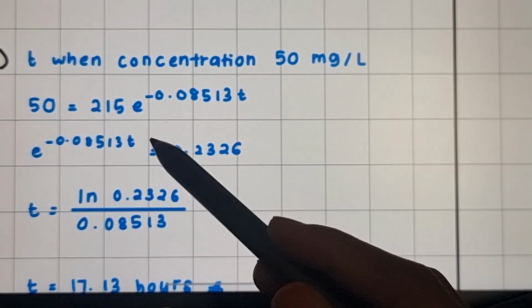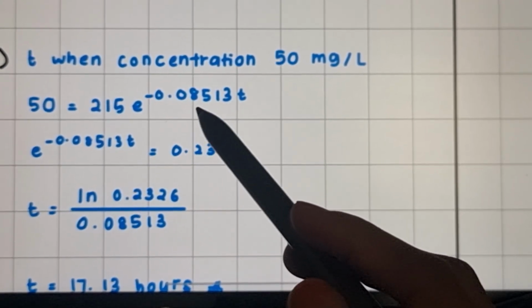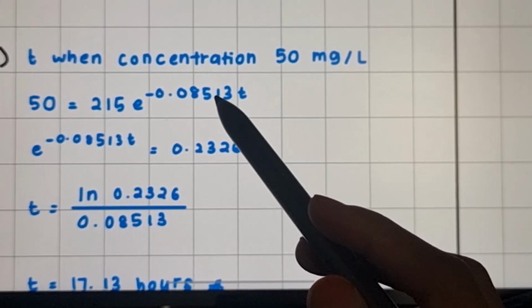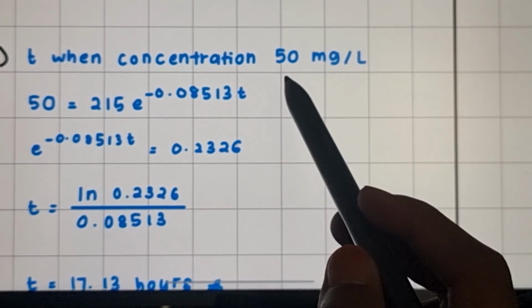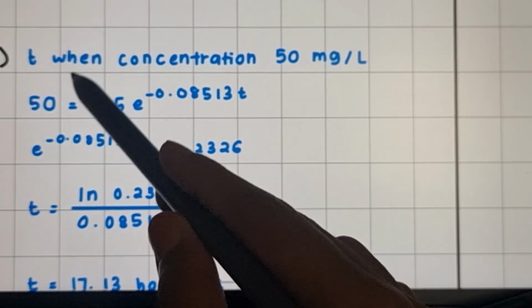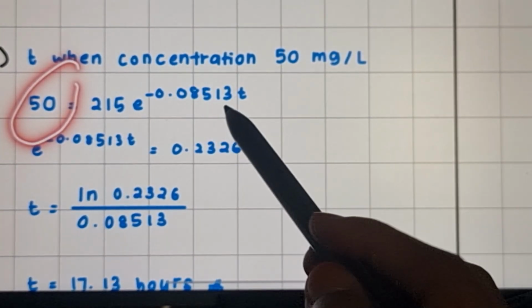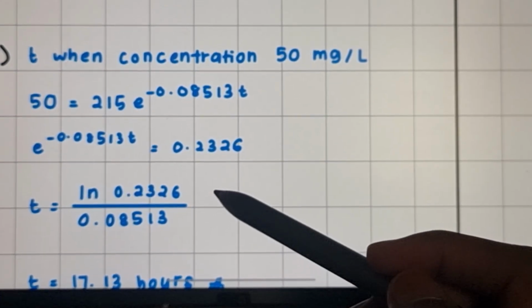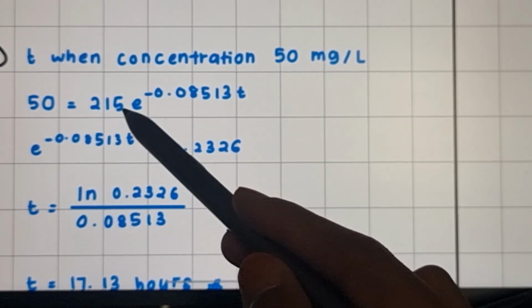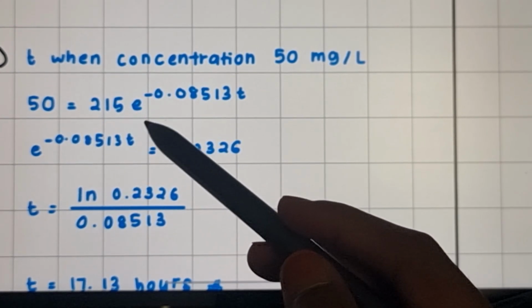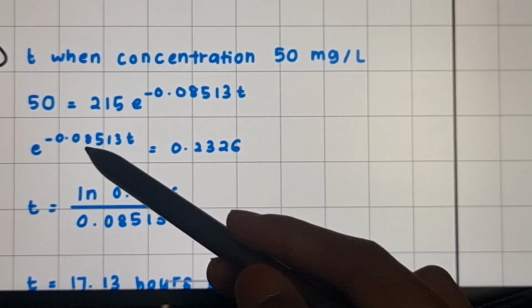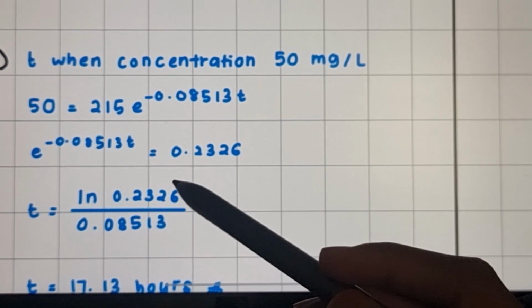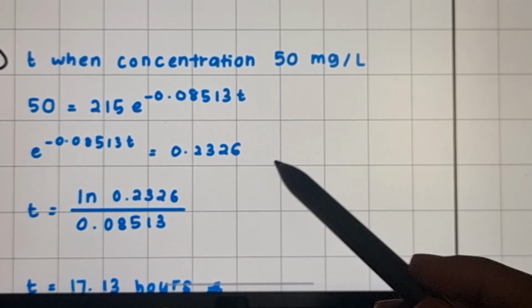So we determine the time when the pollutant concentration reaches 50 mg/L. We substitute 50 into the model. We divide both sides by 215, giving e^(-0.08513t) = 0.2326.